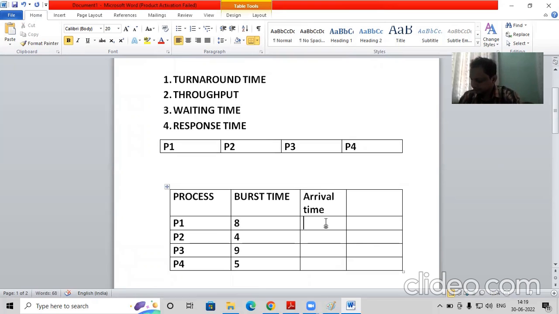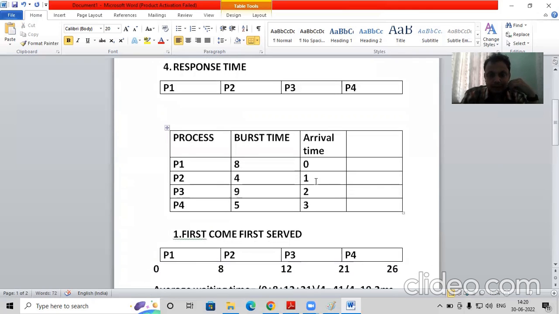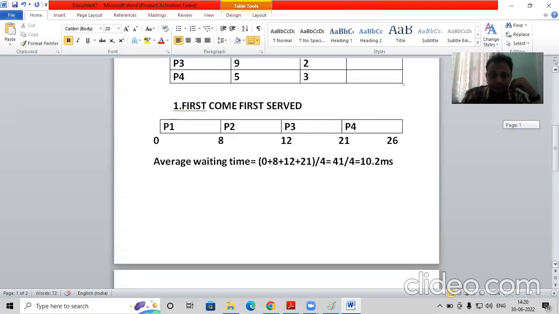Suppose I am giving arrival times 0, then 1, then 2, then 3. That is when these processes come to the ready queue, by what time later it comes. That is called the arrival time.